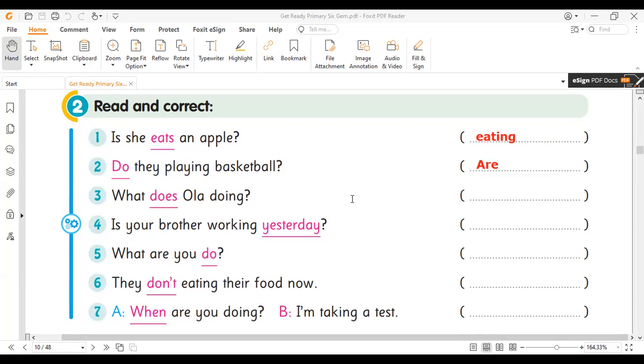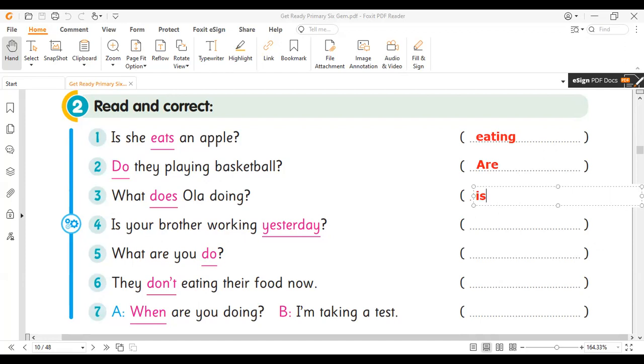Does here is wrong. You have to correct does. You have doing with ing. So the yes, Aula takes, yeah, excellent. Is.